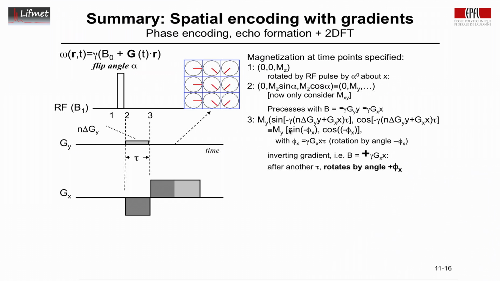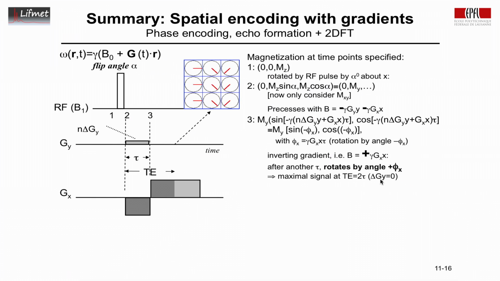So what we've written here, we've not considered the effect of the y gradient, just the effect of the x gradient. This gives a rotation by minus phi x. If we have now the inversion of the polarity of the gradient, this rotates the magnetization by an angle plus phi x. So this gives us a maximal signal at TE equals 2 tau, that's this time here.